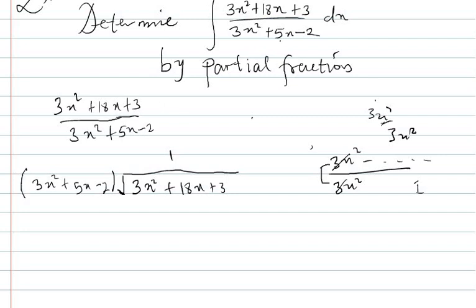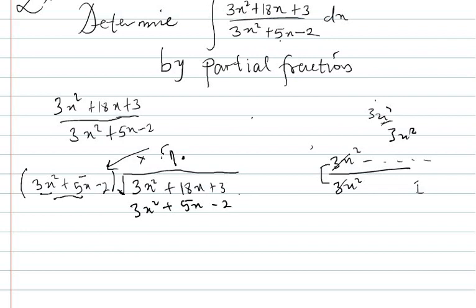We multiply this 1 by everything inside the divisor. 1 times 3x squared gives 3x squared, 1 times 5x gives plus 5x, and 1 times minus 2 gives minus 2.